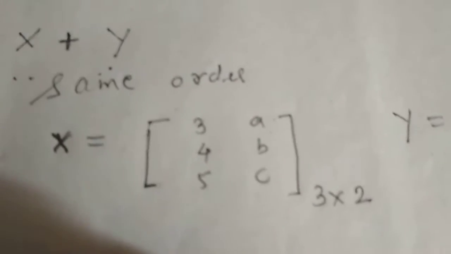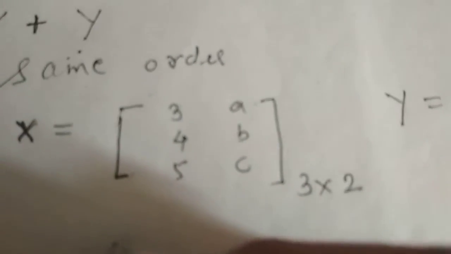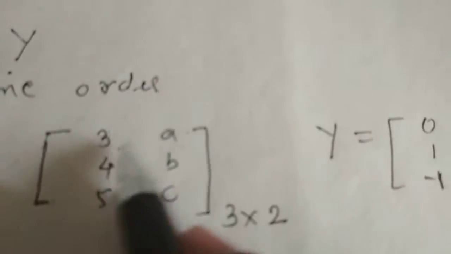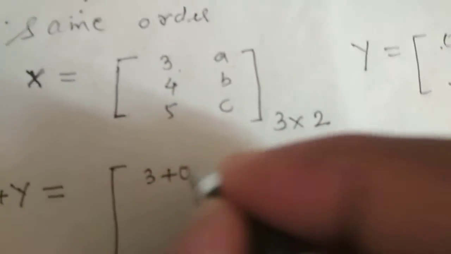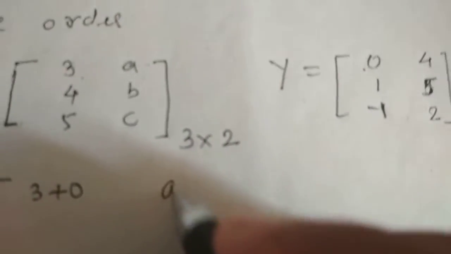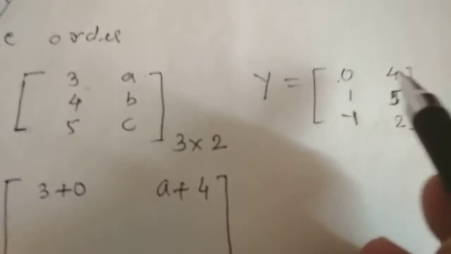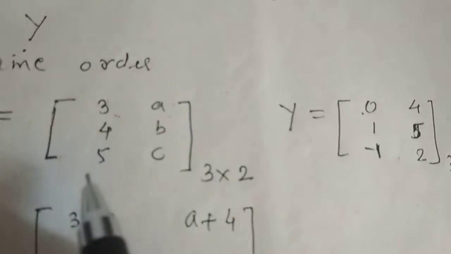So let us add these two matrices. We write X plus Y is equal to: add up 3 plus 0. Then for the corresponding elements we have to add A plus 4. You cannot add 3 to 4. You have to add corresponding elements.